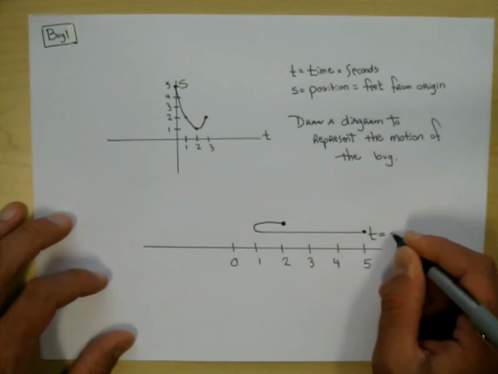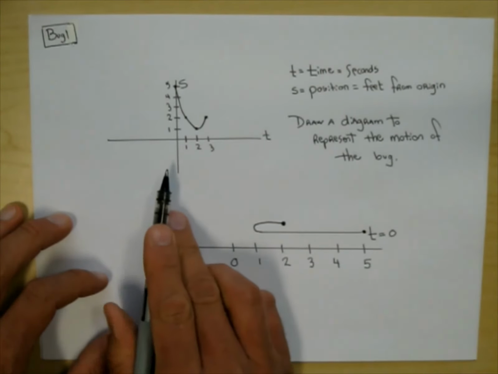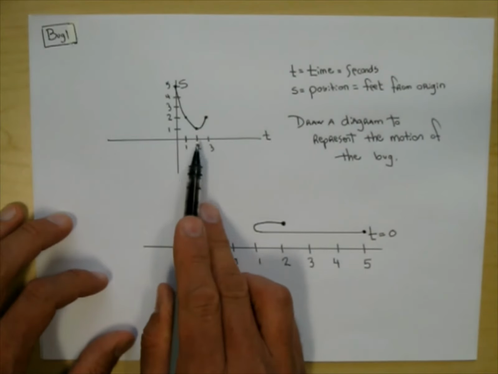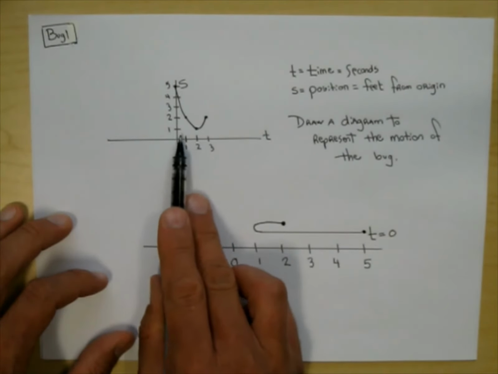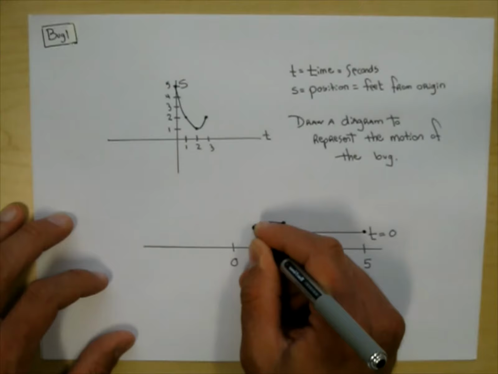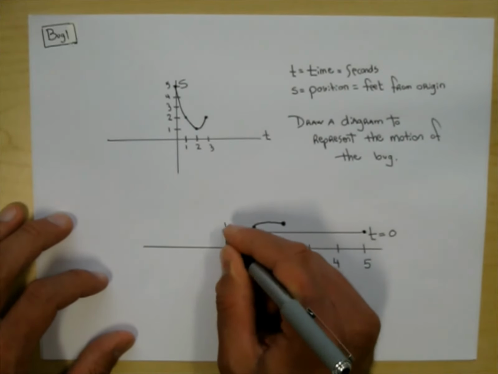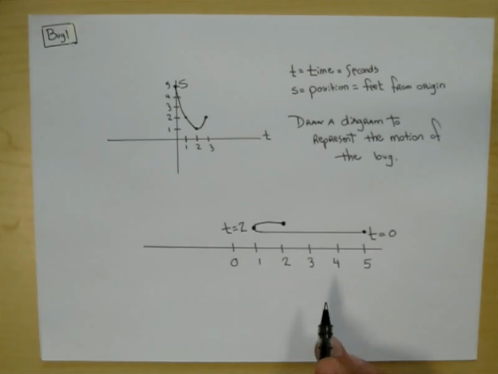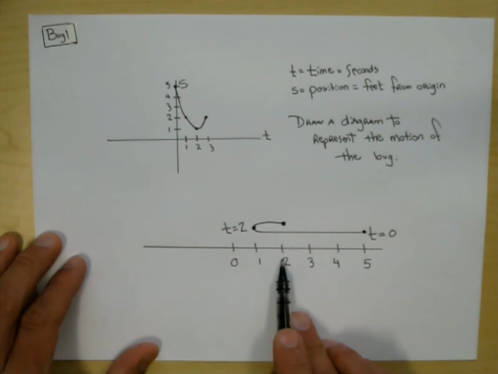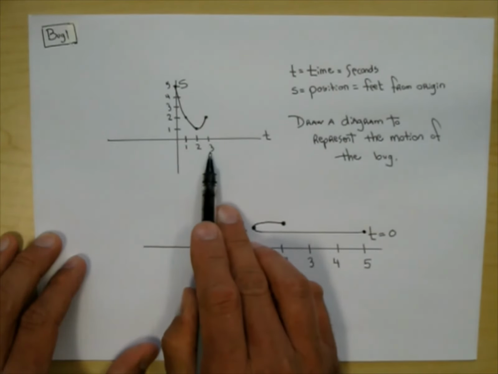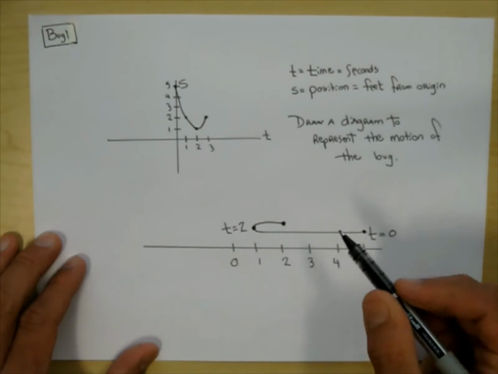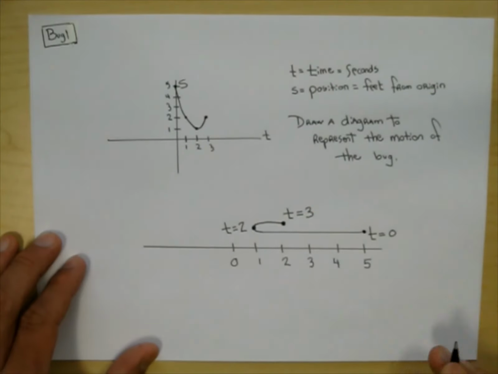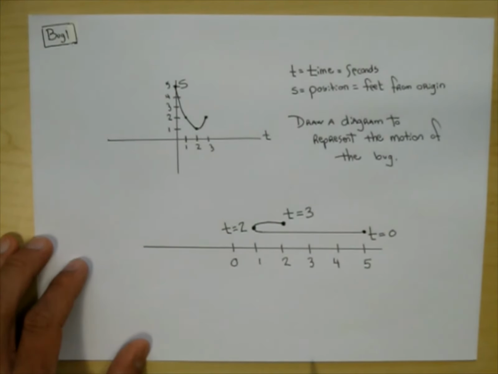T is 0. And at 2 seconds, this is where he came down and he dipped down at 1. So this right here is T equals 2. And then right here at 3 seconds, he's at 2 on the number line. So this is T equals 3. And that's the position of the bug.